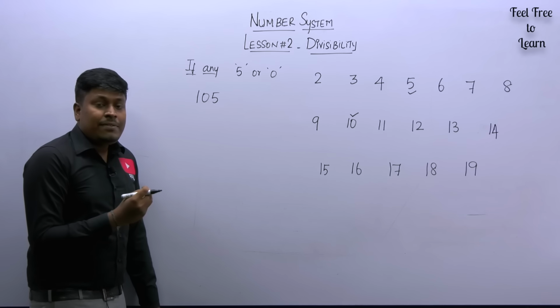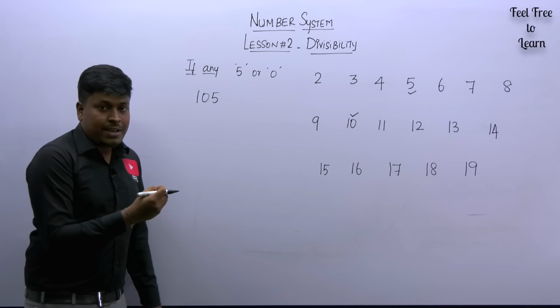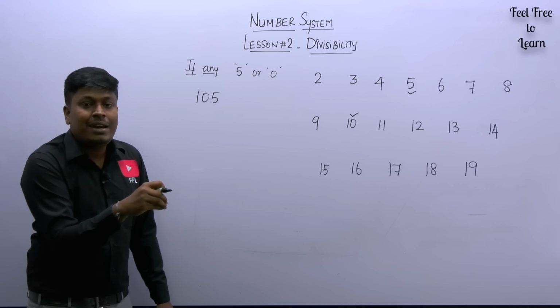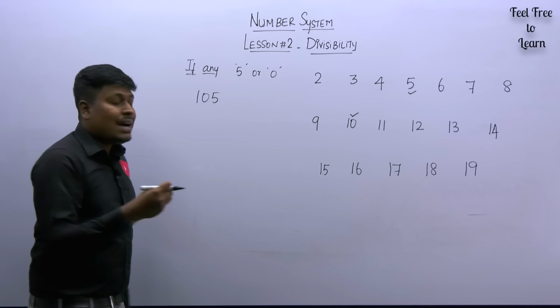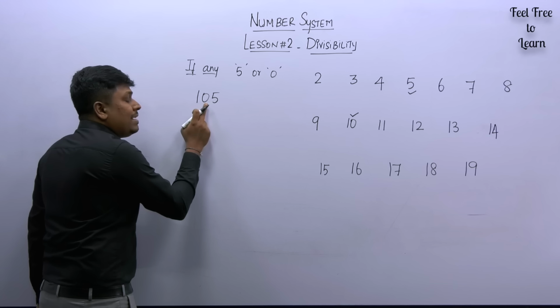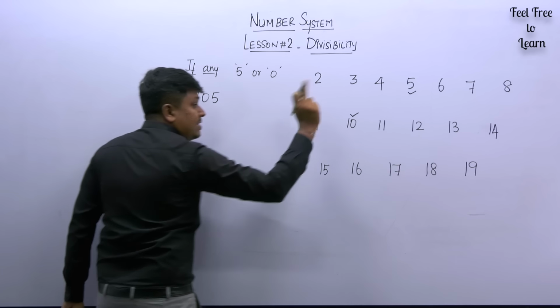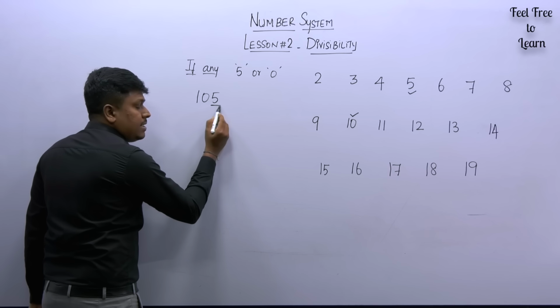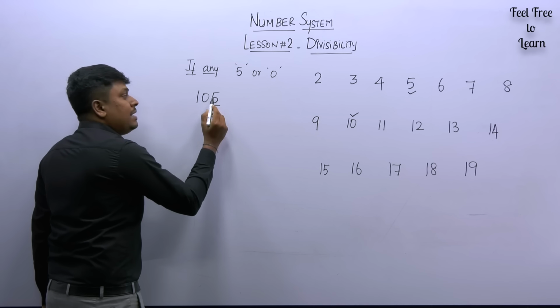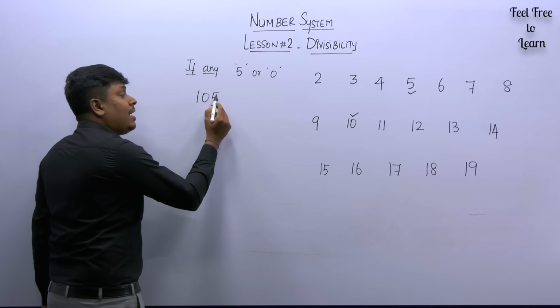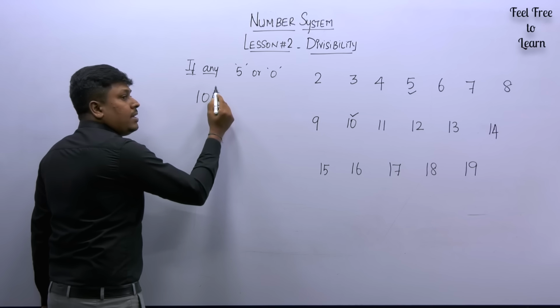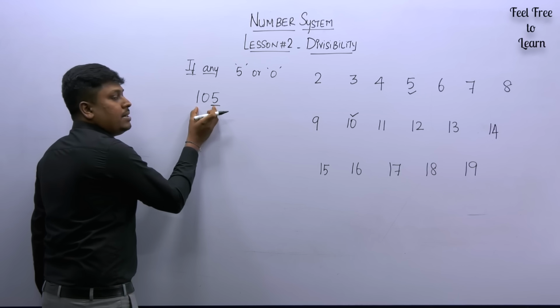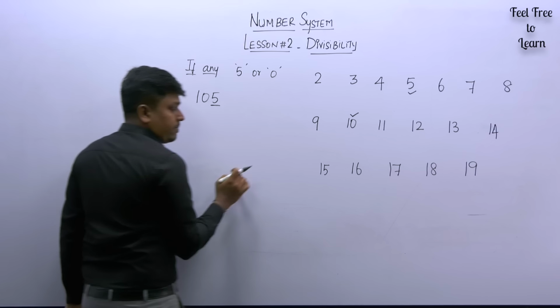If they ask by which number we can divide this 105, you can directly say that this number is divisible by 5. If the last digit of a given number is 5 or 0, then definitely those numbers will be divisible by 5.